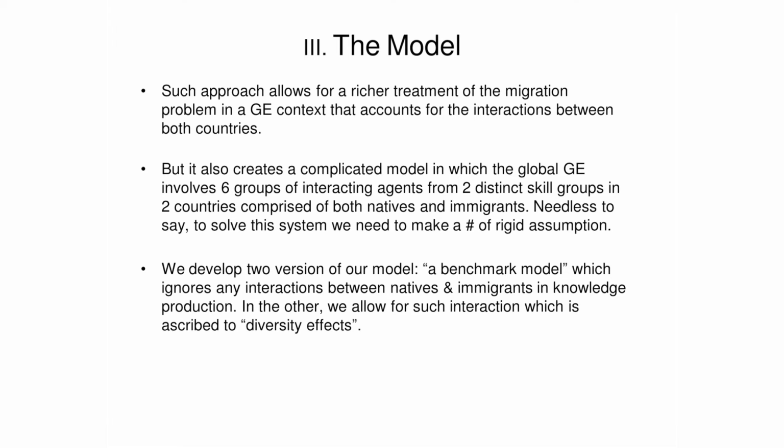But it also creates a very complicated model in which the global general equilibrium, as you will see, ultimately has to involve 6 distinct groups of decision makers or agents from 2 distinct skill groups in the 2 countries that are comprised of both natives and immigrants. So altogether, if you count, you get 6. So needless to say, to solve this problem by writing out a simple model is quite complicated, and we have to resort to a number of rigid assumptions.